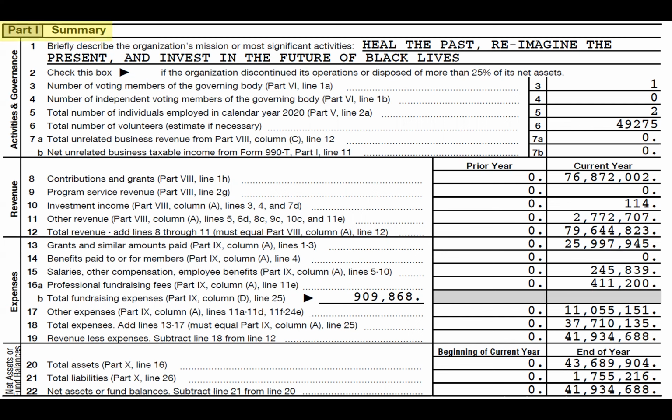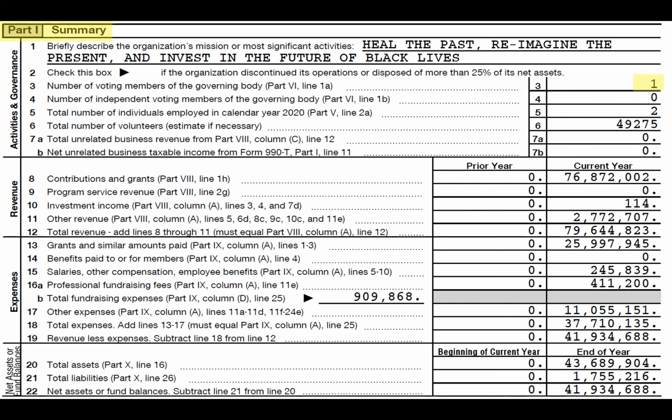So let's look at some of the red flags I've identified. The first red flag is from line number 3. Line number 3 says number of voting members of the governing body, and this is referenced again in Part 6, line 1a. But here it says 1 voting member.